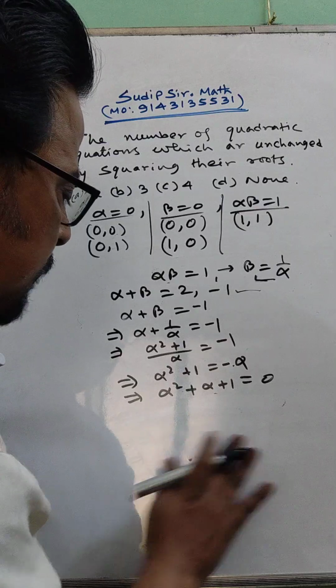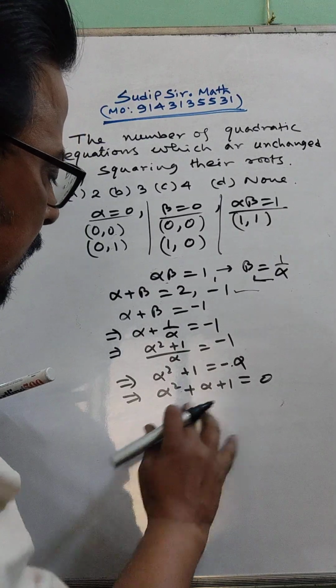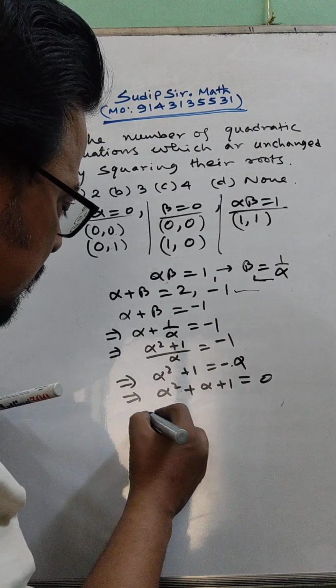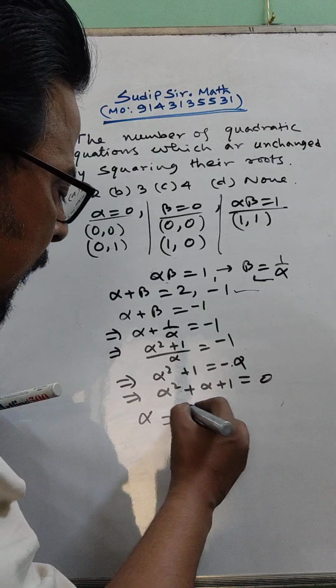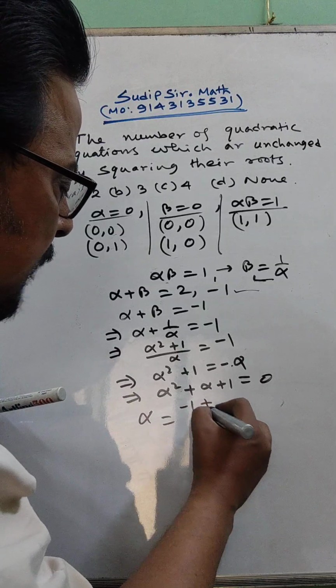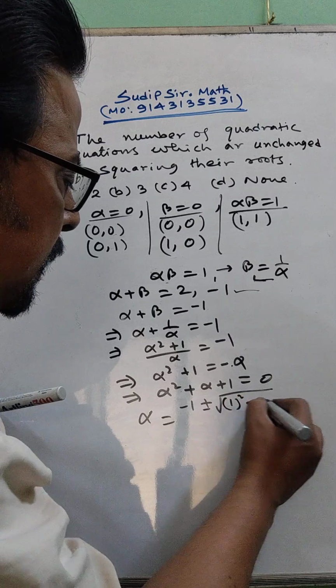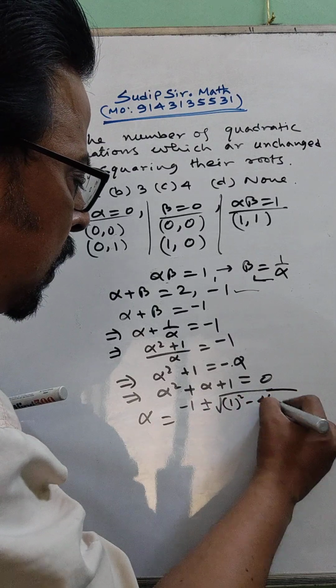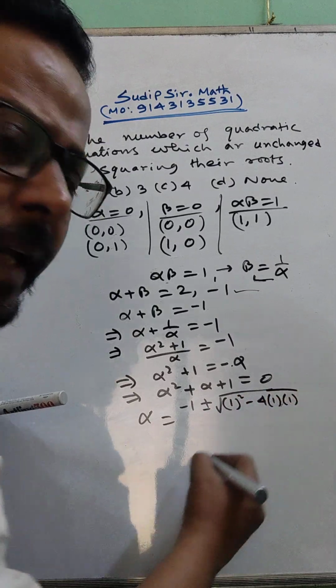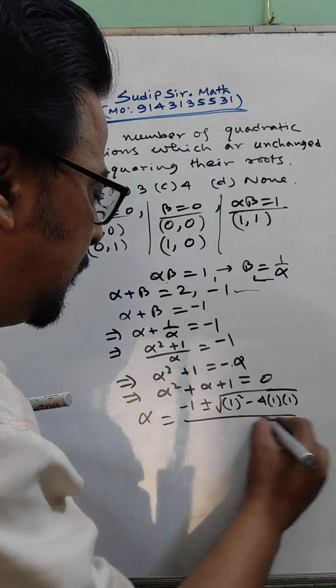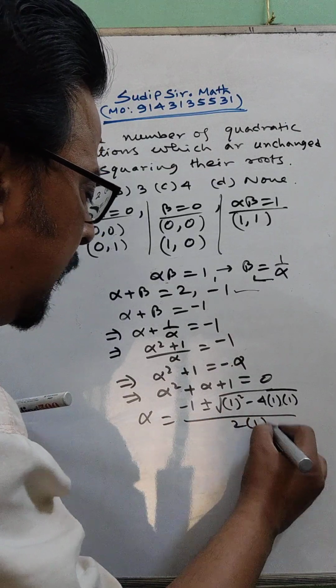Now from Sridharacharya's formula you can get alpha equal to minus b plus minus root over of b square minus 4ac by 2a.